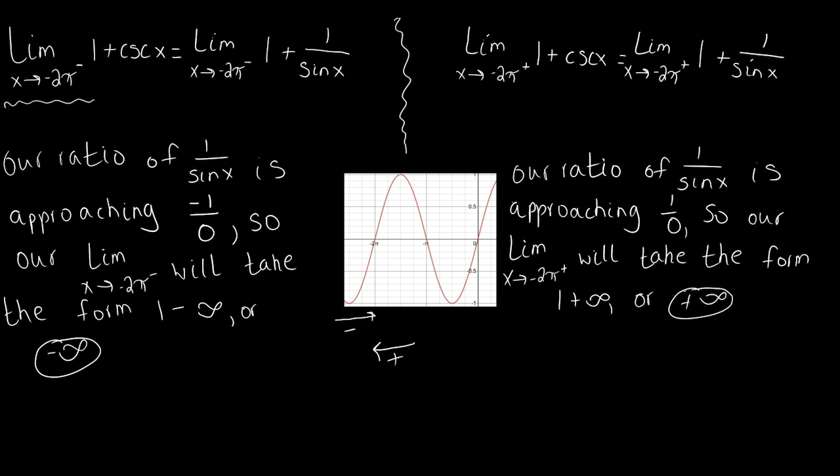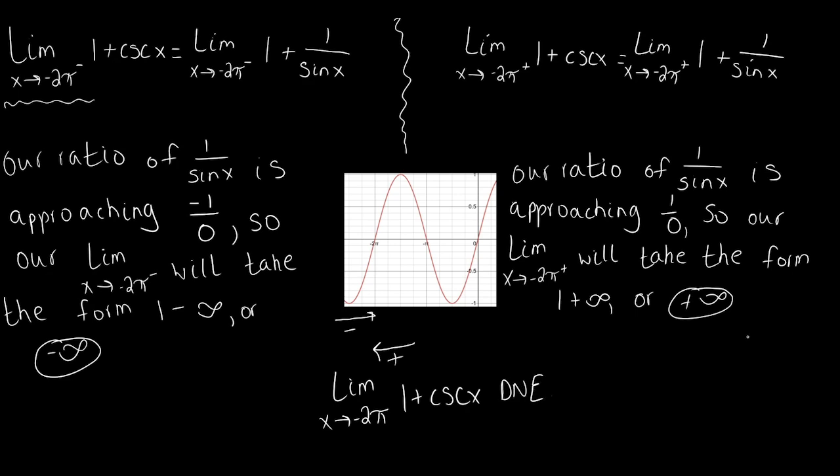So we see that our limit from the left and the right really don't agree. When the limit from the left and the limit from the right at the same given value don't agree, that means that our limit as x approaches -2 pi of 1 plus cosecant x does not exist.